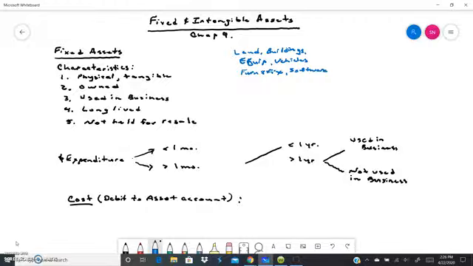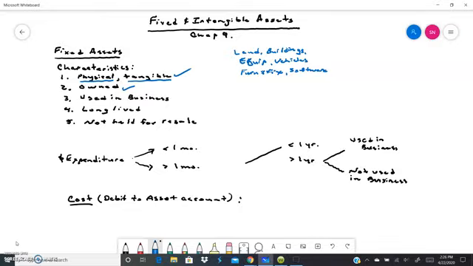So what are some characteristics of fixed assets? I've got those listed here. So generally speaking, with the exception maybe of software, they're physical and tangible assets. So we can touch them. They are tangible in nature. That's really the first characteristic.